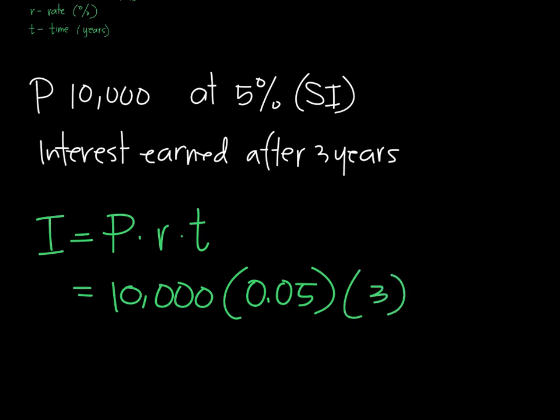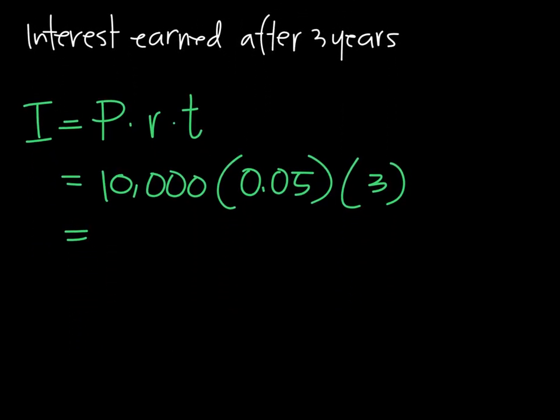So for basic examples on simple interest, we just put the numbers 10,000, 5% in terms of 0.05 and 3, and then we just compute for the value, and that will be the interest. The interest earned is 1,500. So that's 1,500 peso interest.